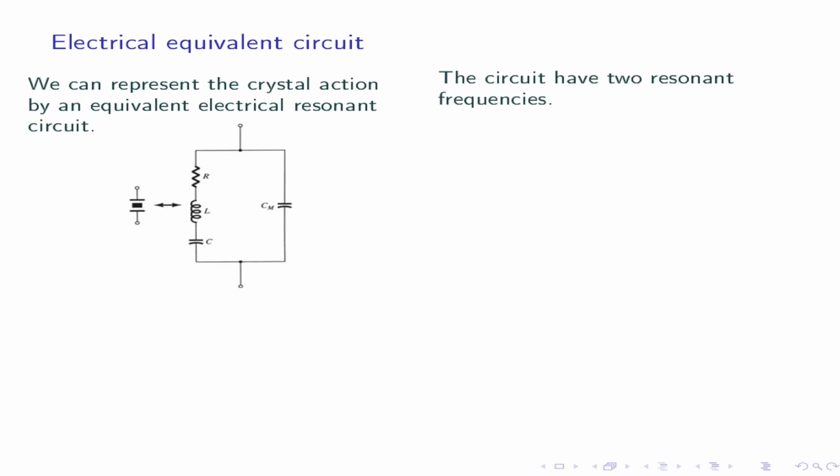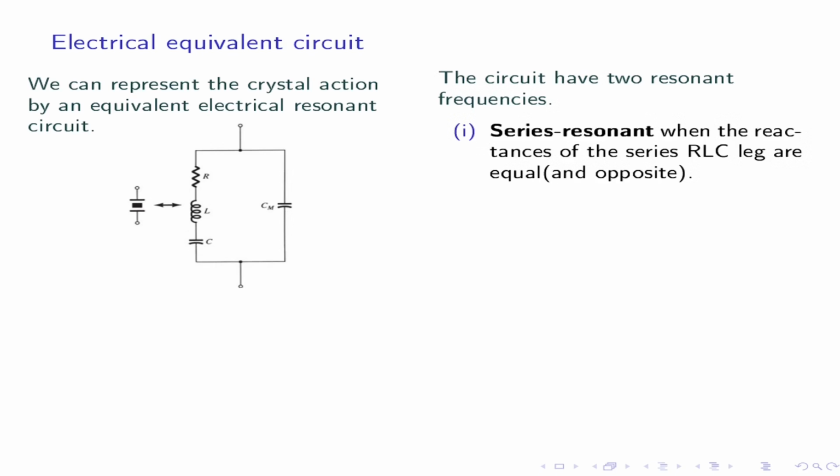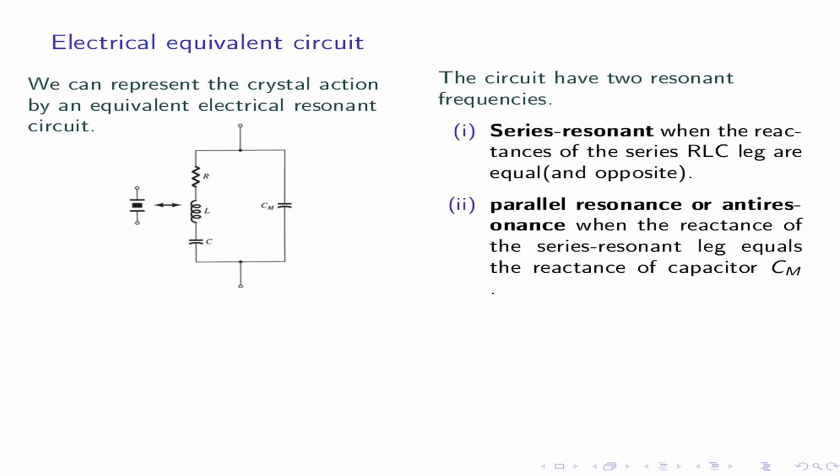Electrical equivalent circuit. We can represent the crystal action by this electrical resonance circuit, R, L, C and CM. The circuit has 2 resonant frequencies: series resonance when the reactances of L and C are equal, and parallel resonance or anti-resonance when the reactance of the series resonant leg equals the reactance of the capacitor CM.